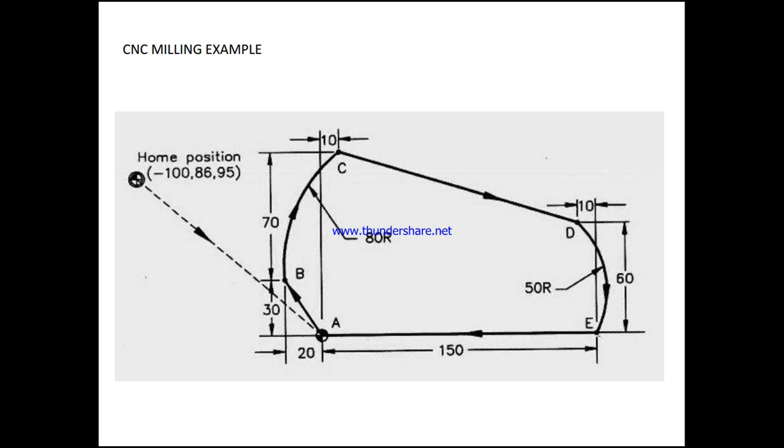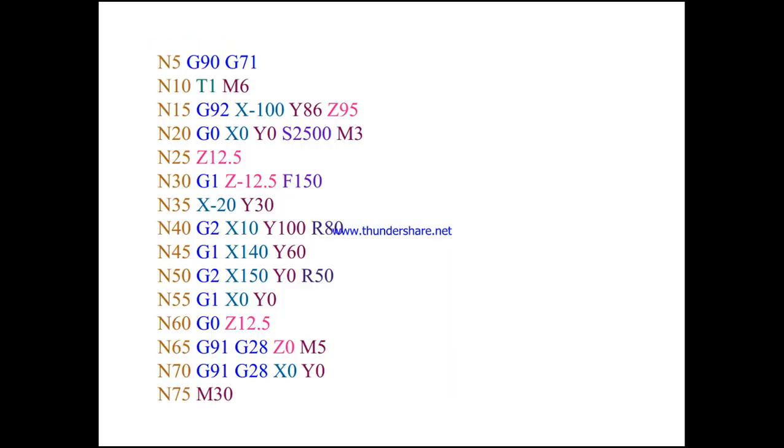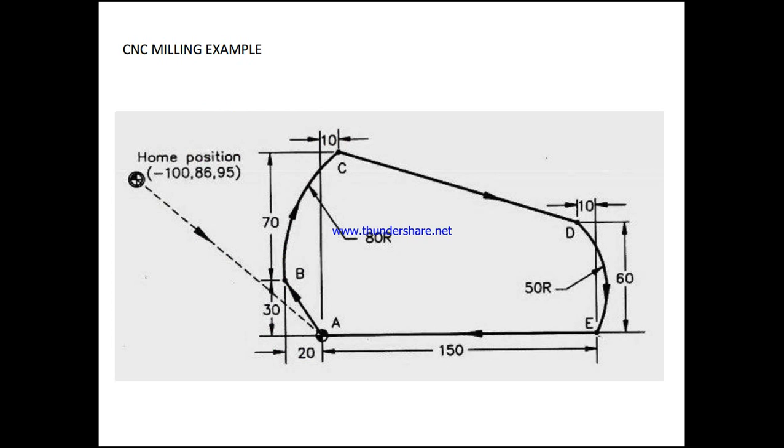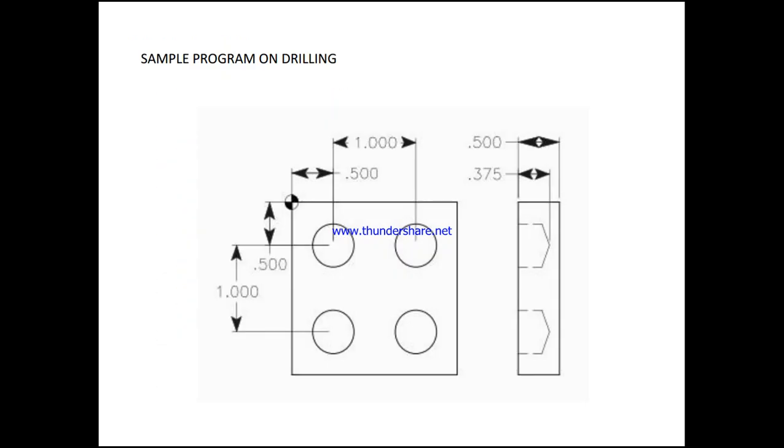And N65 is reference point return in Z direction with spindle off, that is G28, Z is 0 and M5. And N70 is reference point return in X and Y direction, and N75 is M30, that is end of the program. So this is how we have to go for the milling operation.